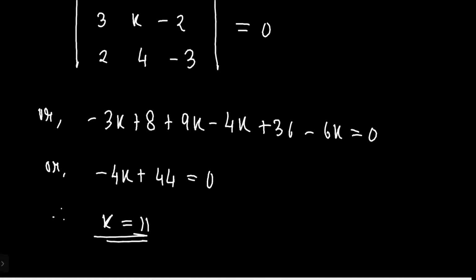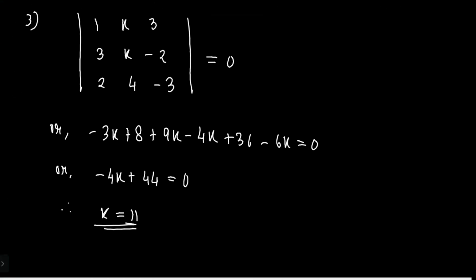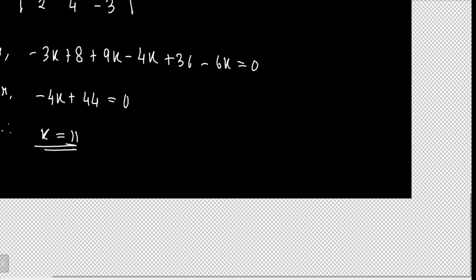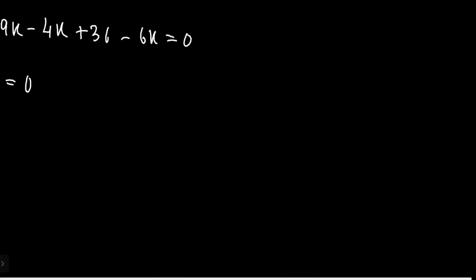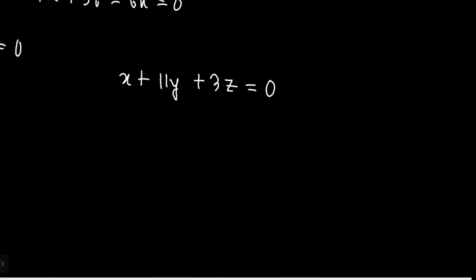Okay. Now, if k is equal to 11, we have been given the 3 equations. So if I put k = 11 in two of these equations, that is, if we put the value of k in the first equation, x + ky, it will be 11y + 3z = 0. And for another equation, suppose I take the third equation, that is 2x + 4y - 3z = 0.